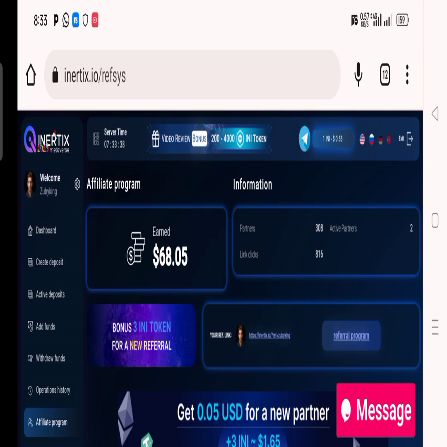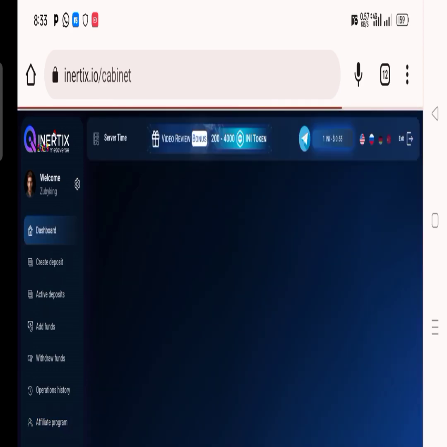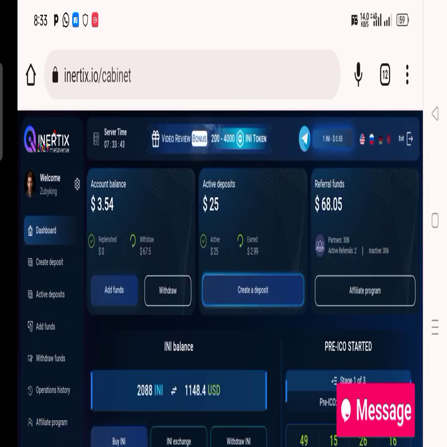And if you go over to my dashboard, I have 2088 pieces of their INI token, which is as of now worth around $1,448.4 US, which I cannot withdraw until they list.